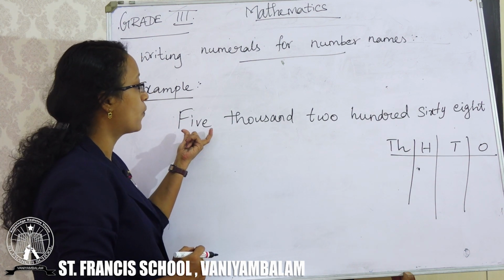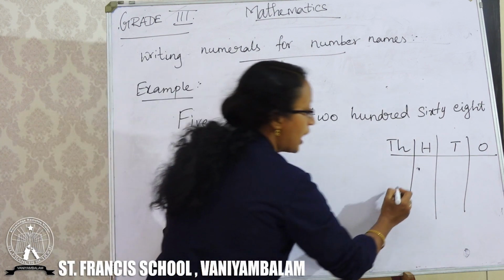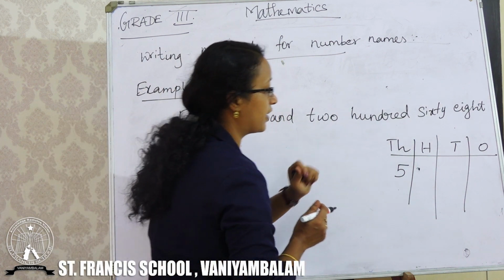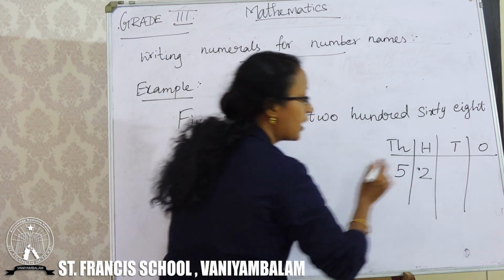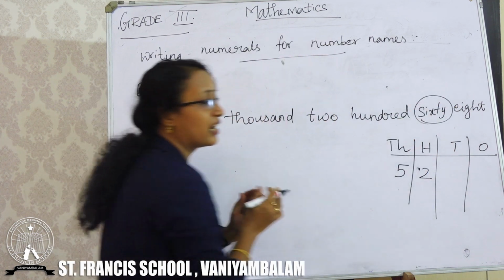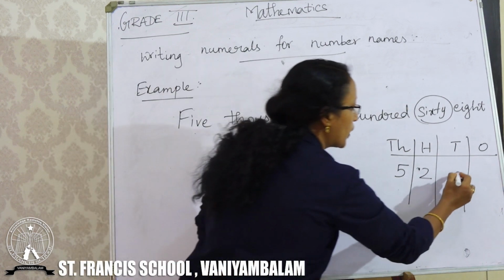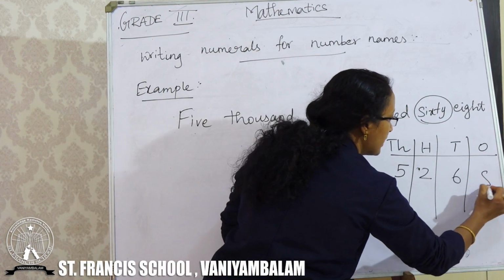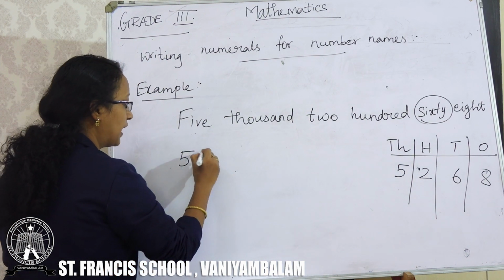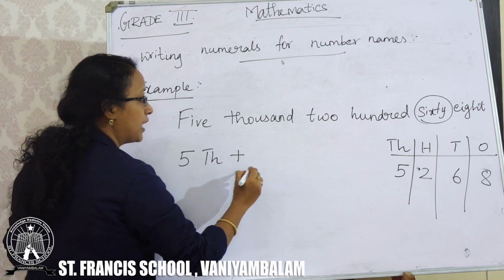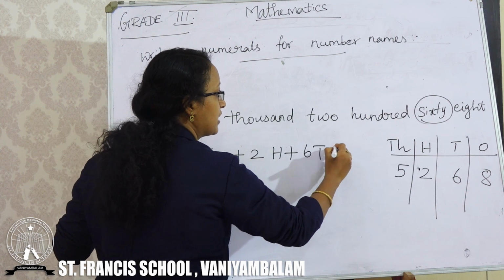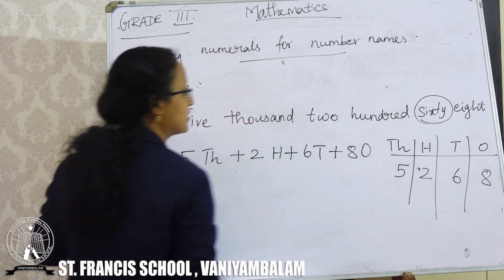So this 5 you will write in thousands place, and 200, so 2 you will write in hundreds place. 68, 60 means it is in tens place, so you can write 6 here and 8 you can write here. Got it? So this is nothing but 5000 plus 200 plus 6 tens plus 8 ones.